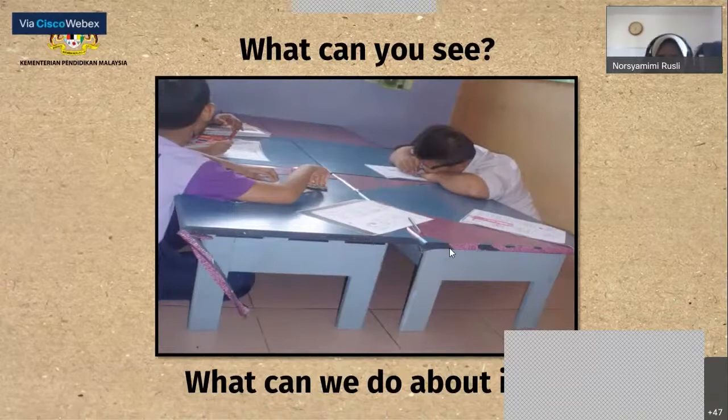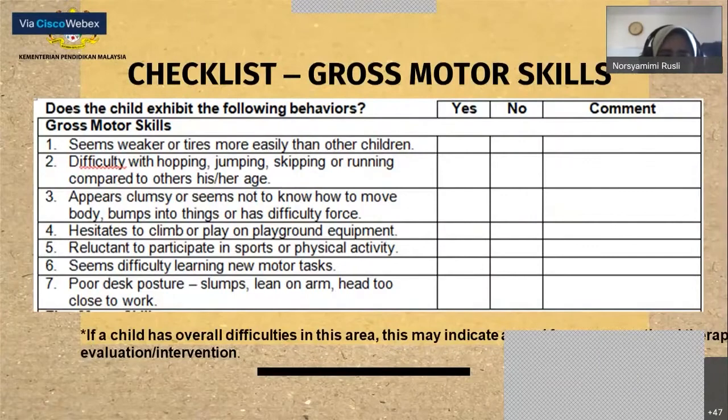So, going to the next slide. This is an example of a checklist on gross motor skills. Usually the checklist contains other skills as well. It's a checklist for school readiness, but I just put here the one on motor skills because it's the topic for our course today.